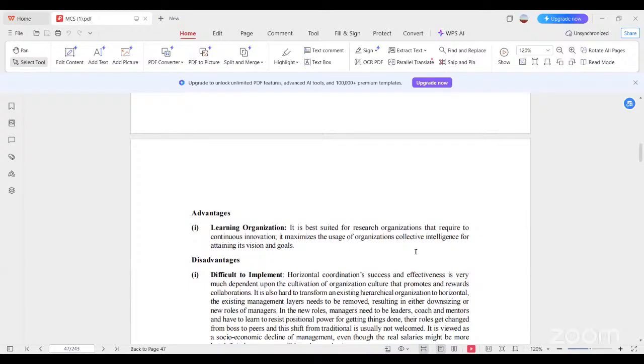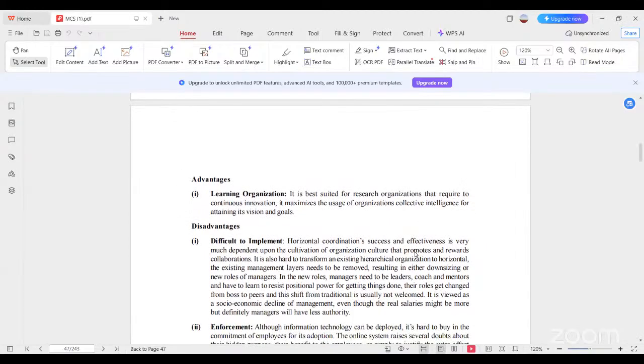What are the disadvantages of horizontal organization? First is that it is difficult to implement. The success of a horizontal organization depends heavily on organizational culture. Trust should be there, and there should be a willingness to collaborate with each other. So transforming from a hierarchical to a horizontal structure is very difficult.